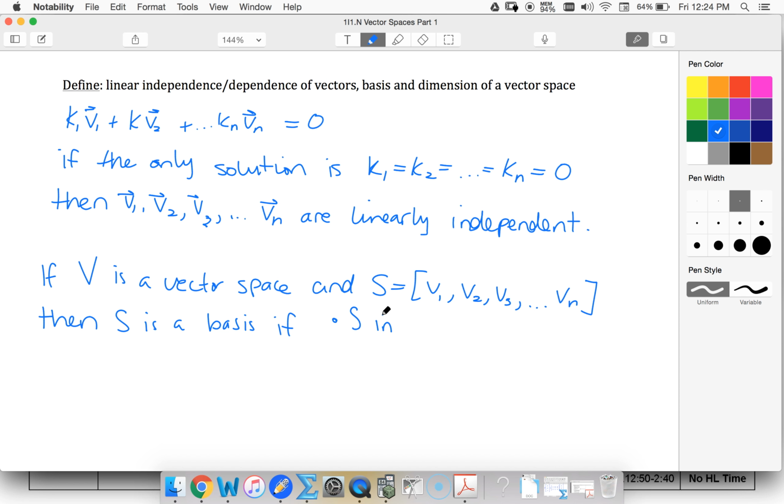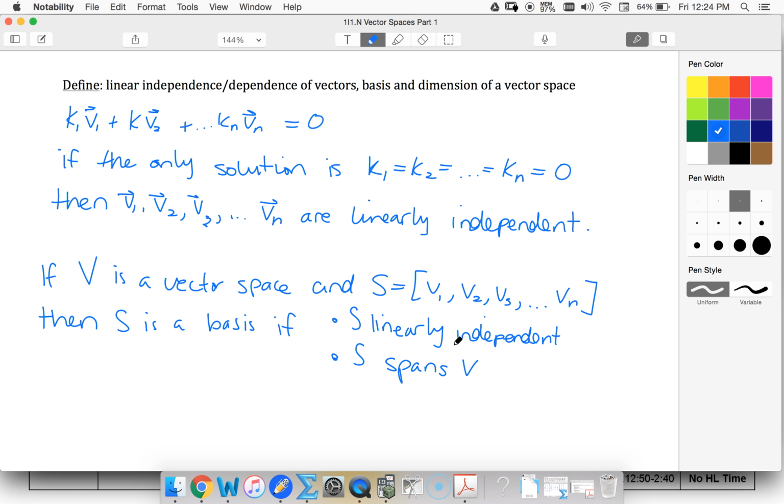S is linearly independent, and S spans V.